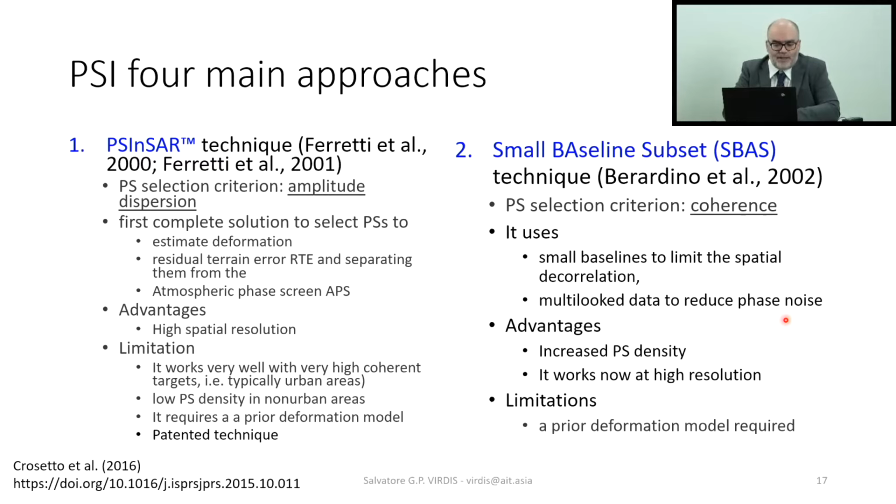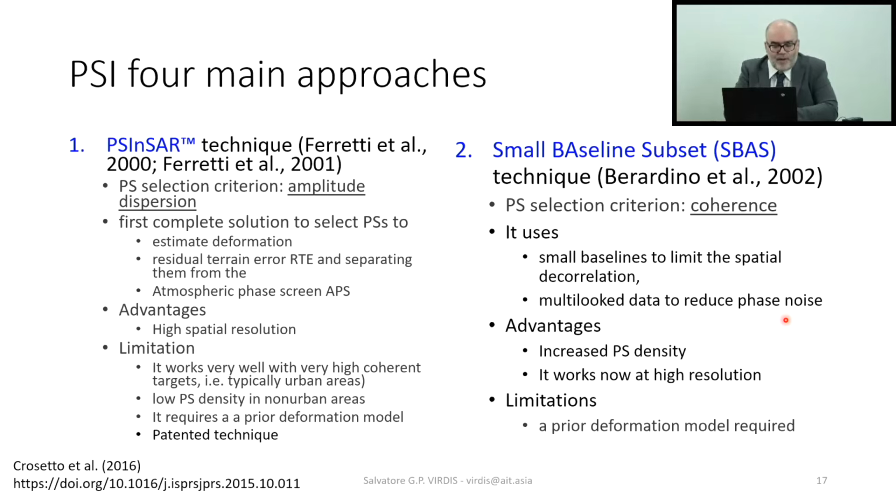It was the first complete solution looking at the permanent scatterer approach, and it uses the amplitude coherence in time, stability in time, as a criterion to select PS and then do all the processing. So it was the first solution to estimate the deformation, to estimate the residual terrain error, and to separate this error from the atmospheric contribution.